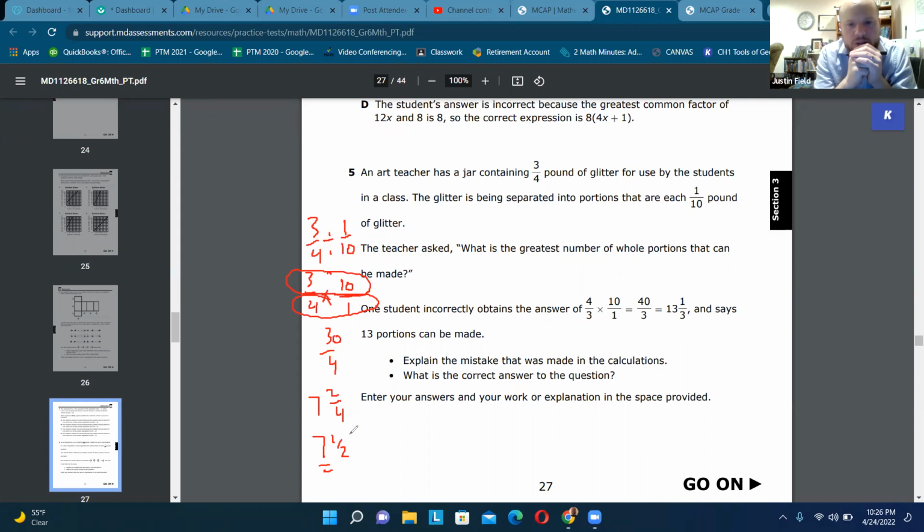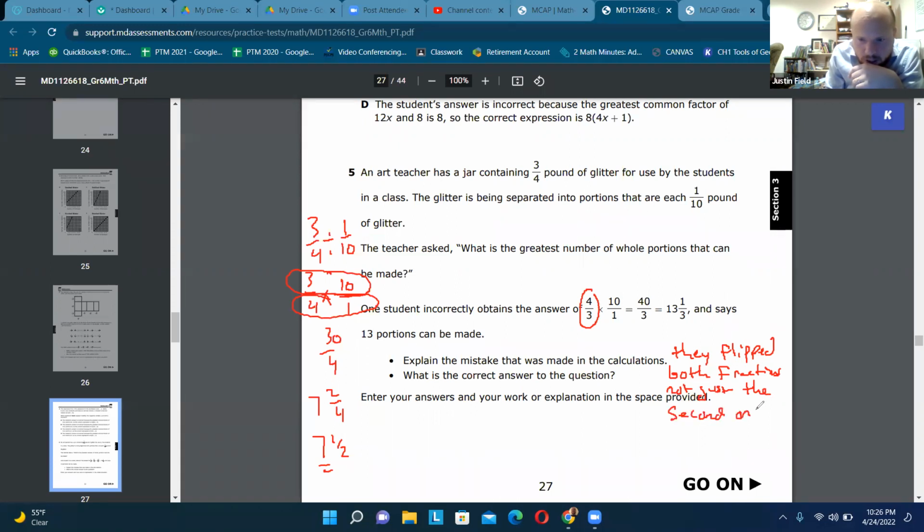Huh? 4/3 is 3/4 flipped. So they flipped both of them. You're only supposed to flip the second fraction when you're dividing. Explain the mistake. They flipped both fractions, not just the second one.